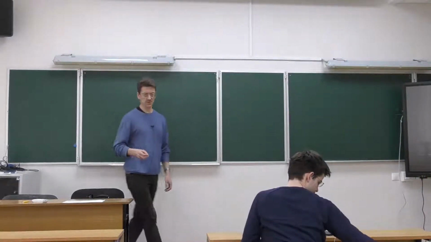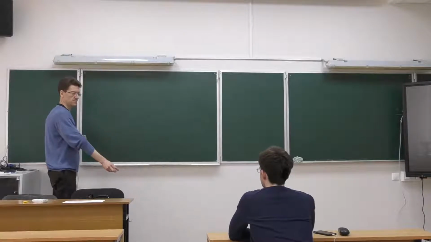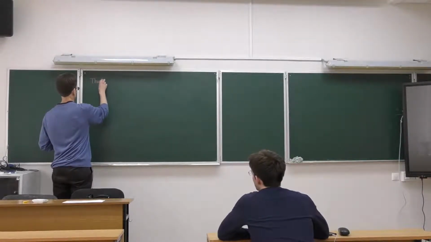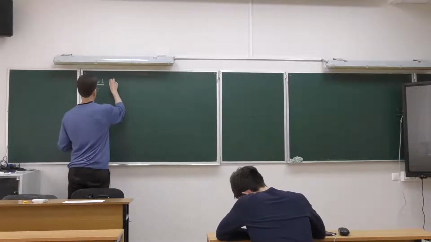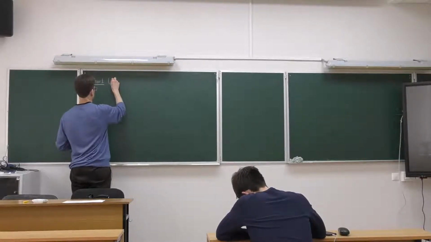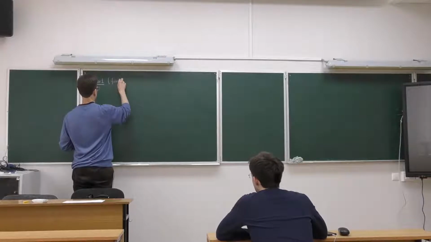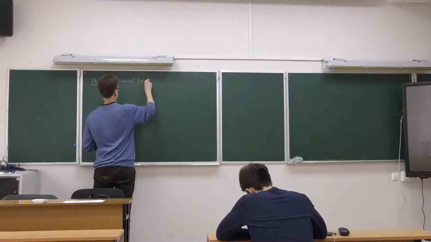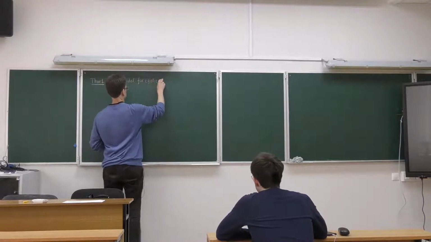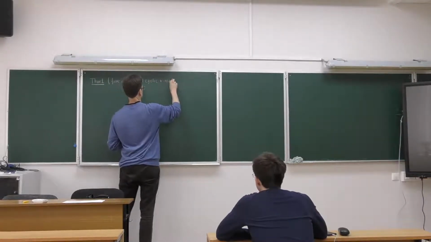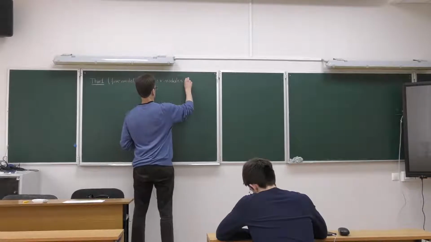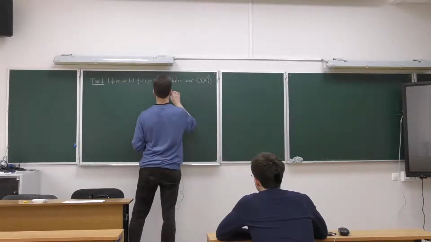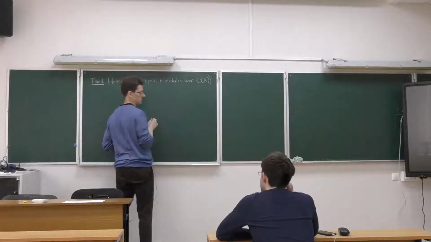Okay, our first goal for today is to prove the following theorem. This is the functional model theorem for cyclic star modules over C(X), the algebra of continuous functions on a compact Hausdorff topological space.